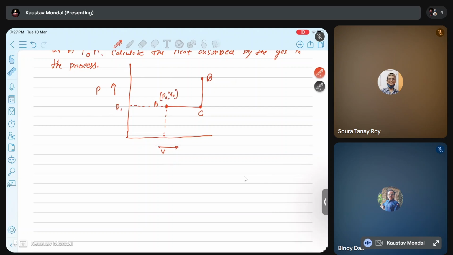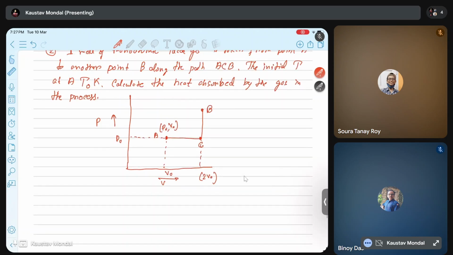That means this is P0 and this is V0, right? Now from here it moves to another point C, that is 2V0, twice the initial volume. At the initial point the temperature is T0, that is also mentioned here. So whatever the answer is, we have to write it in terms of P0, V0, T0.